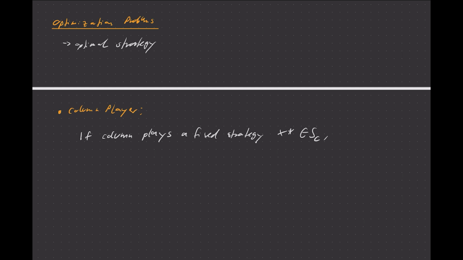Then Row would determine his best response, and to do so, he'd solve an optimization problem.